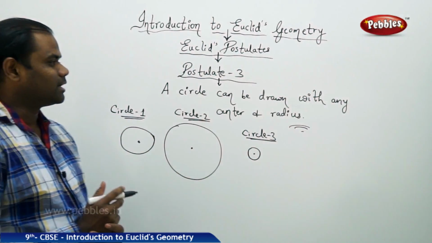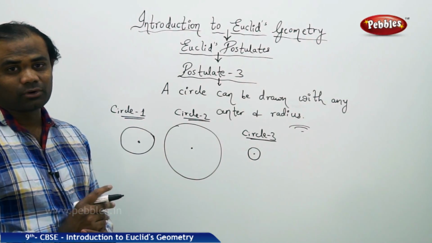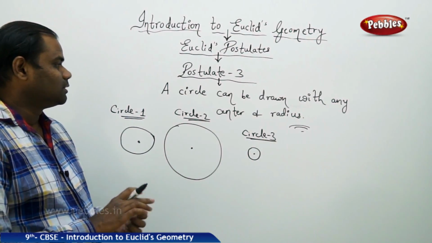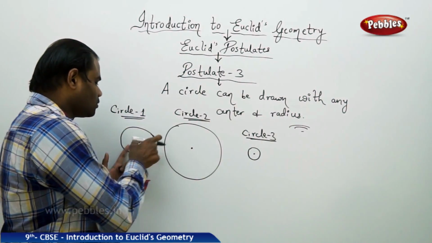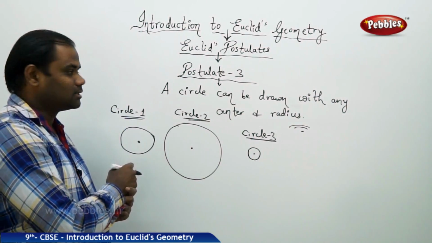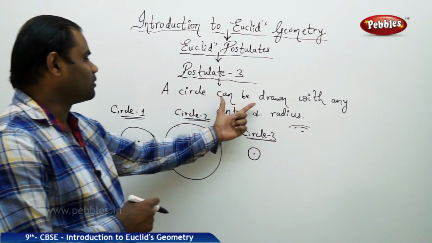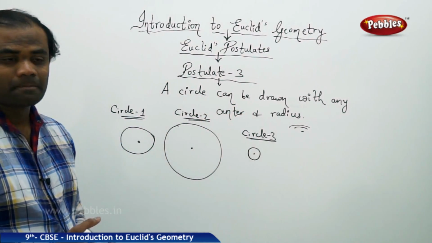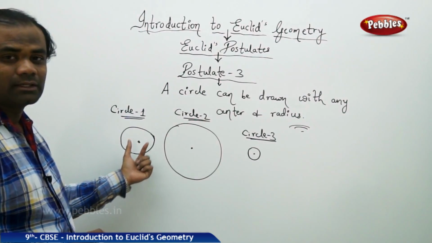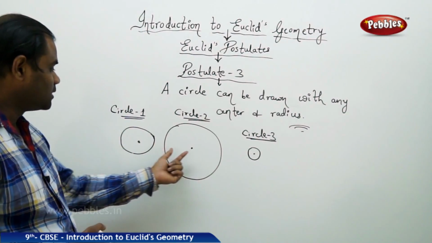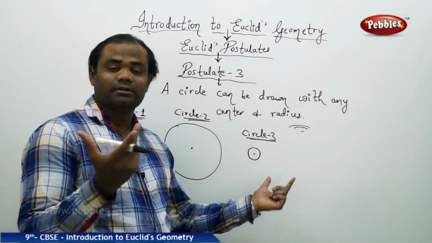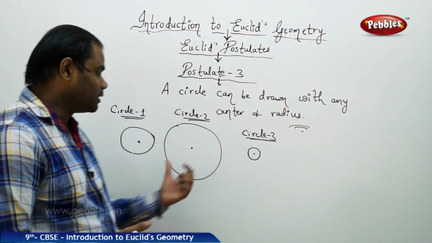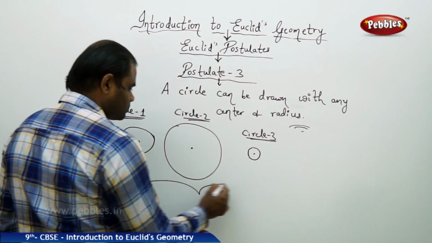So Euclid says that any circle can be drawn provided we have the fixed distance from which we derive the circle. So according to Euclid, a circle can be drawn with any center and radius. This is with a center and a radius, this is with another center and another radius, and this is with a different center and radius.